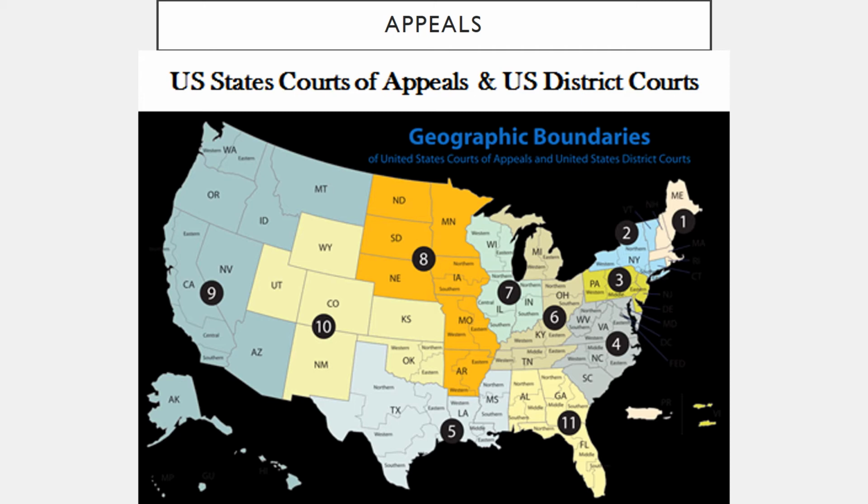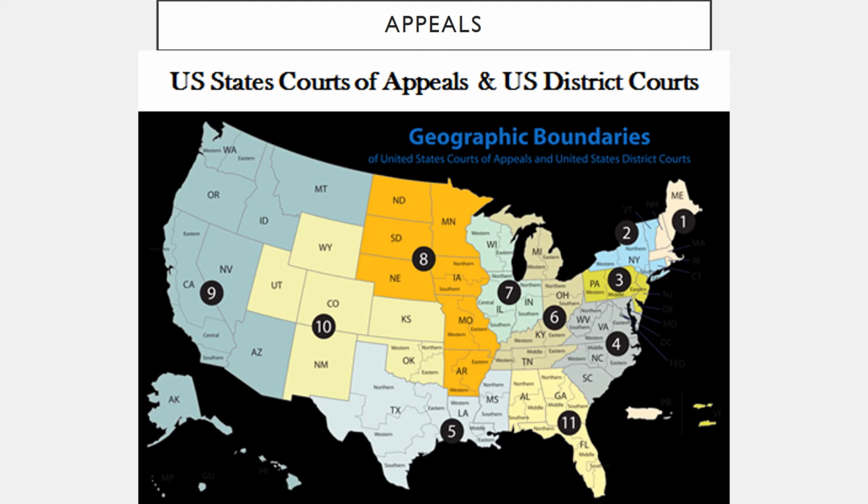I won't spend long on this, but you can see this is a map for the state courts of appeals and district courts throughout the U.S. There are different districts the country's divided up into. If a federal case occurs, and let's say we live here in Utah, you'll have a case or a trial in the federal building in Salt Lake, for example.